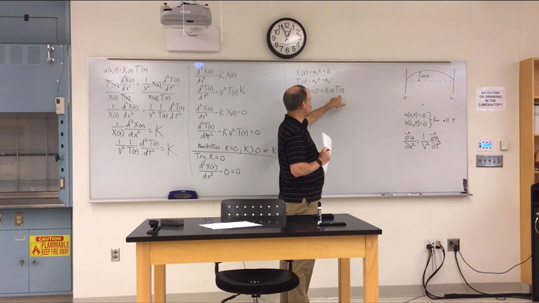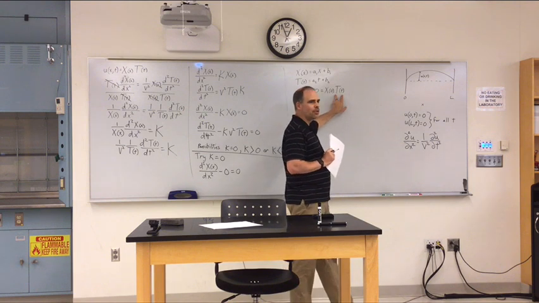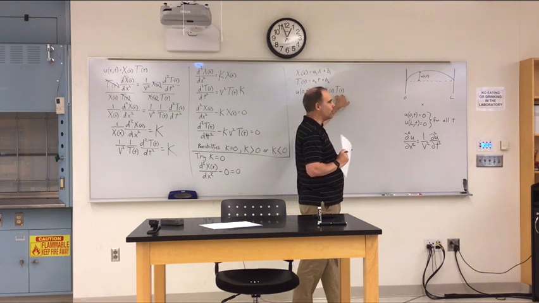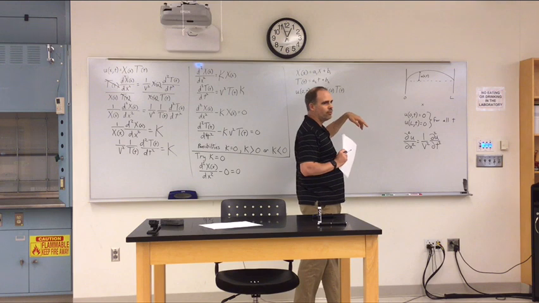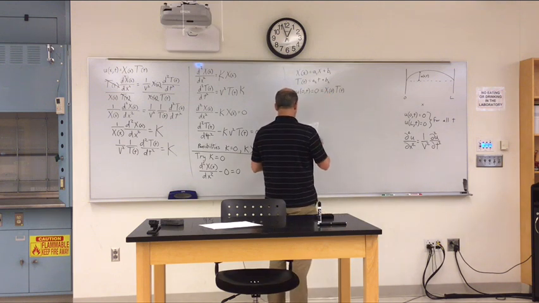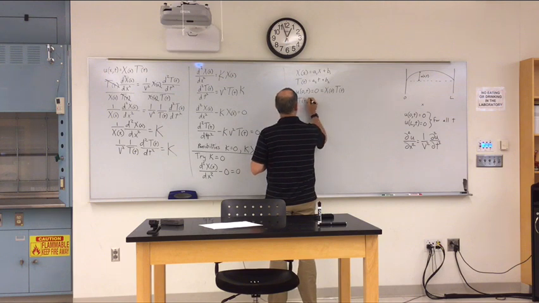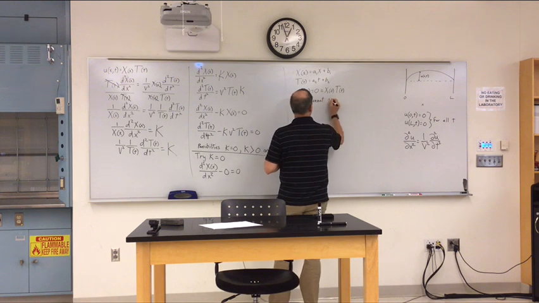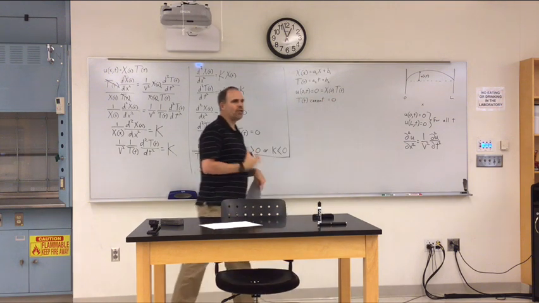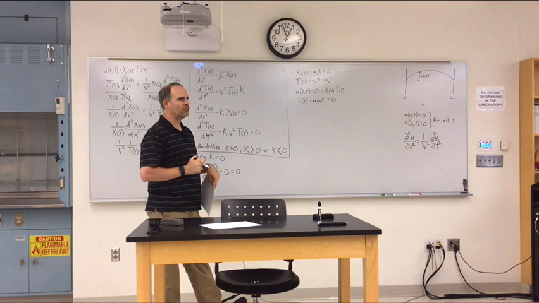But if T is 0, then the whole time dependence doesn't make any sense. T, the variable for how it's moving with time, if that's equal to 0, then it's 0 for everything, and then we don't have any sort of a wave. So T of t cannot equal 0. If it equals 0, then we don't get any sort of meaningful solution out of it.